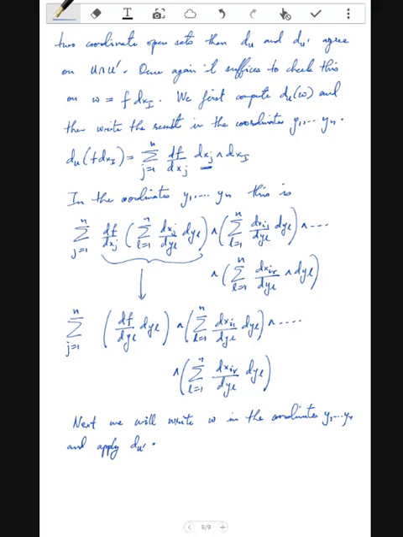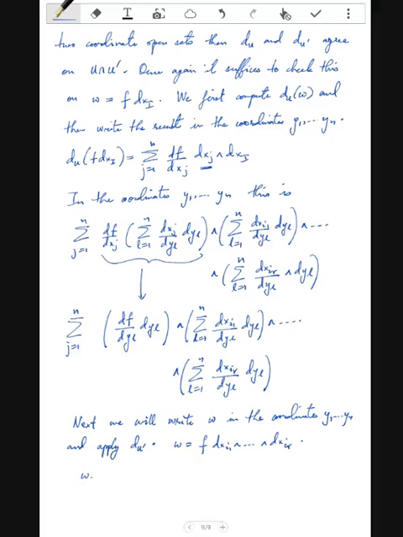So recall that omega is equal to f dxi1 wedge and so on up to dxir.